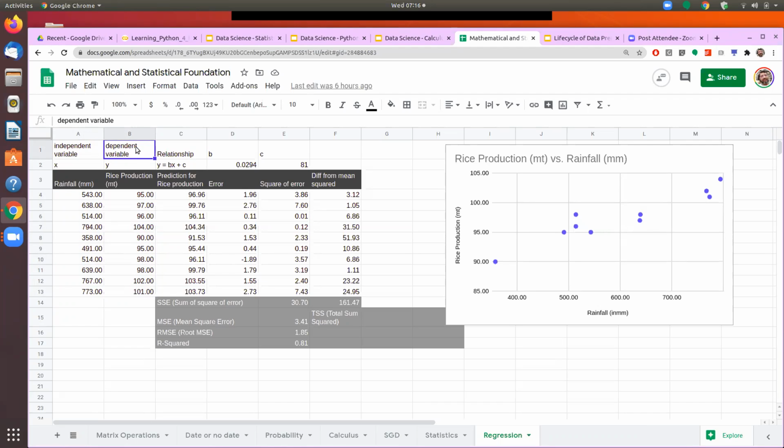It means that the value of y, or the value of rice production, is dependent upon rainfall, and that's why it's called the dependent variable. The variables which determine the value of the dependent variable are called the independent variables. They are normally denoted by x, and the dependent variable is normally denoted by y.